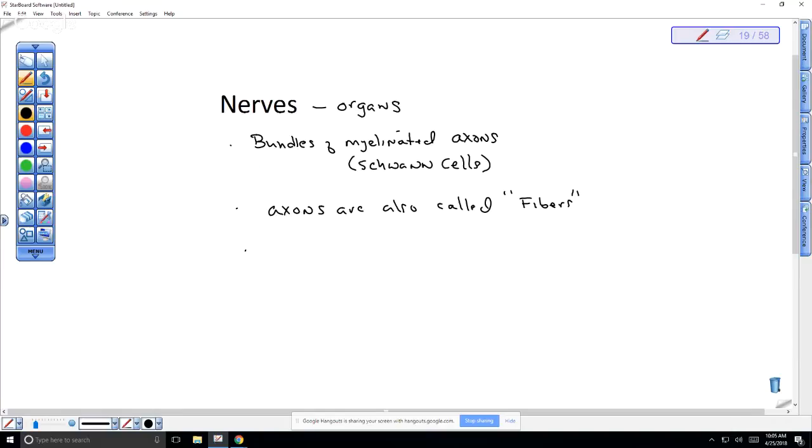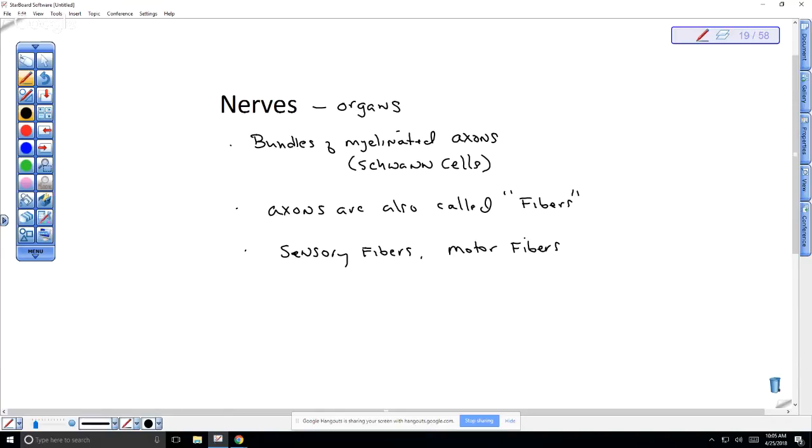So we can have sensory fibers in a nerve. We can have motor fibers. And I wanted to point out that the motor fibers could be going to skeletal muscle, but they could also be going to smooth muscle and glands and the heart. And so motor just means that it's sending a signal out to cause an effect.